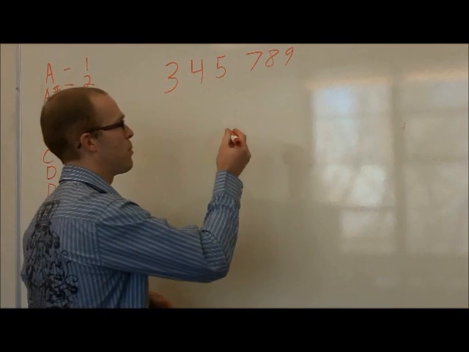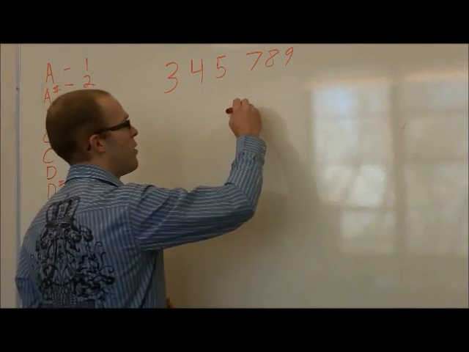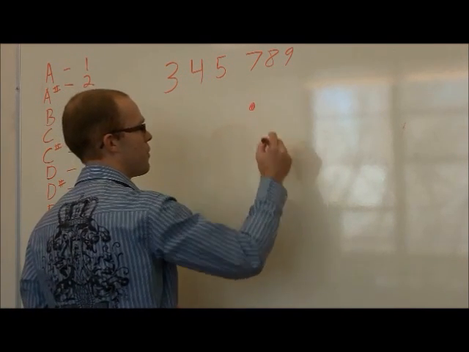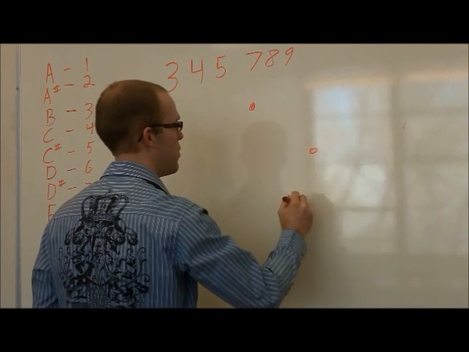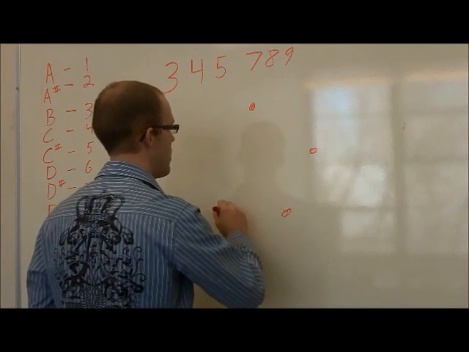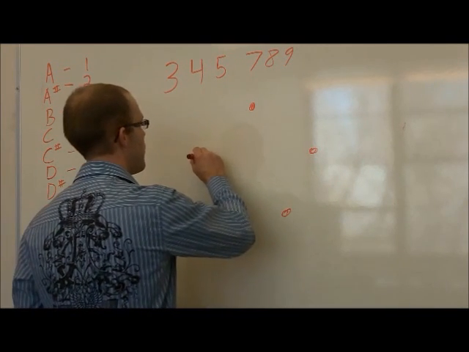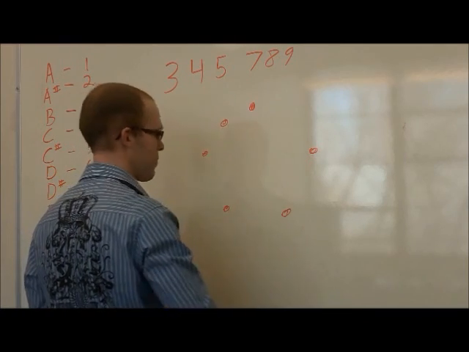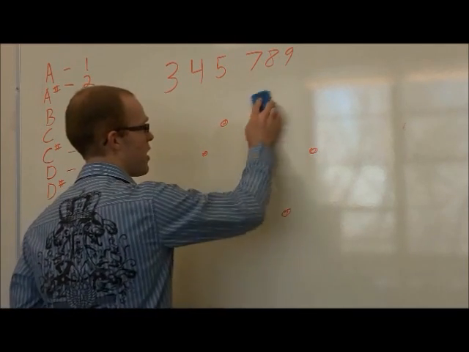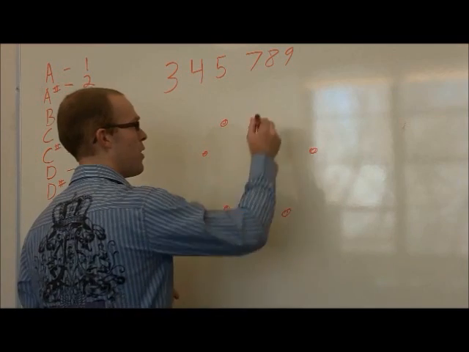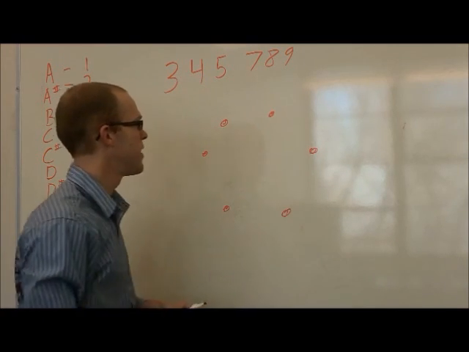The notes in our blues scale are, well, we've got 6 of them, so draw our circle. 1, 2, 3, 4, 5, 6. Kind of lopsided. Let's make it look a little bit better. There we go.